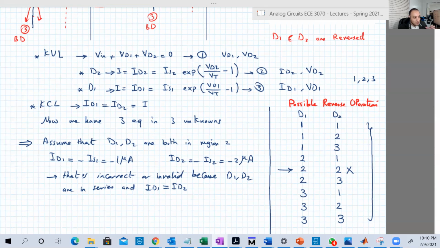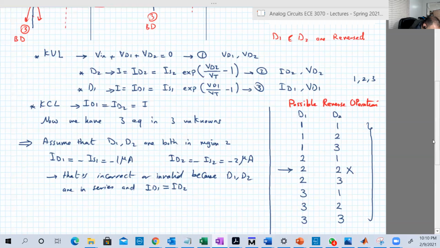If we get something valid that matches our givens in the example, then this is the correct assumption. If we are unlucky and assume something invalid, like assuming that D1 and D2 are both in region 2, then we get something invalid. Then we cancel this assumption and assume another one.